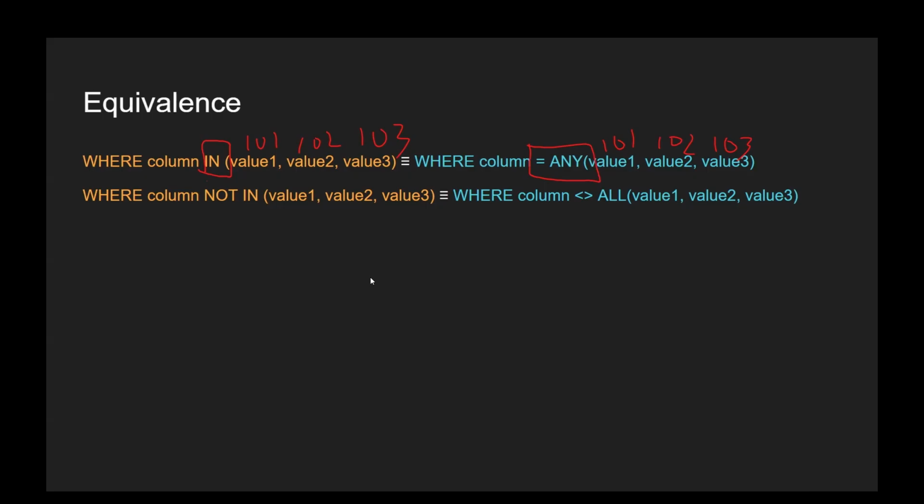Same goes to this not in, which is equivalent to lesser or greater than all, it's totally the same. So if in exam you forgot in, just use equals any. If you forgot lesser or greater all, you can just use not in. In finals, they might test you this as well. So try to remember it. Important concept.